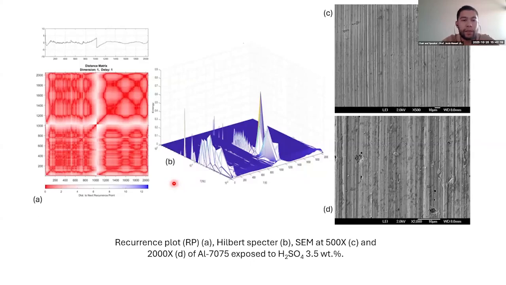When we study the system in sulfuric acid, the sample doesn't present anything in particular. So the high energy is accumulated at low frequencies, which I think indicates that a homogeneous attack is occurring.